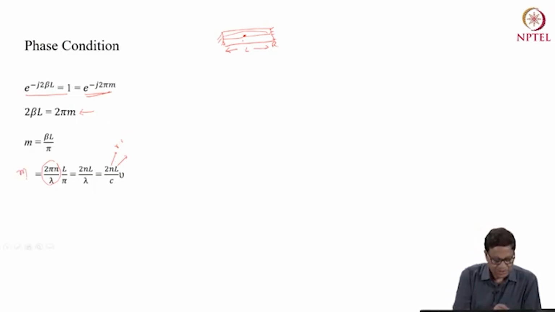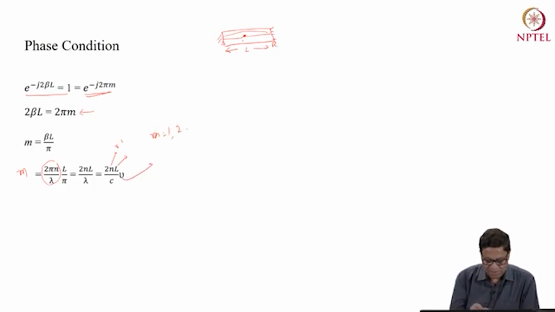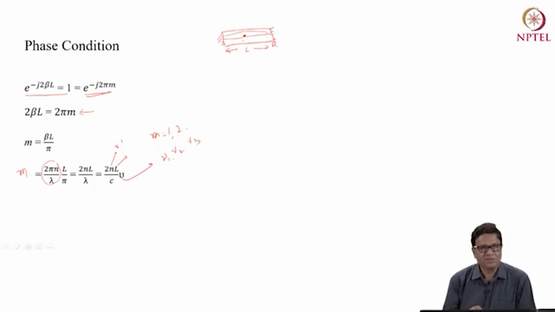This m can take values m is equal to 1, 2 and so forth. That means this condition will be satisfied only by a few frequencies, say nu1, nu2, nu3. It is not satisfied by all the frequencies.